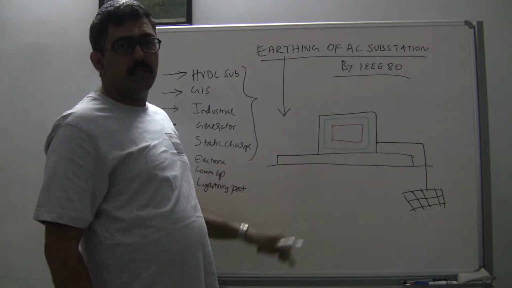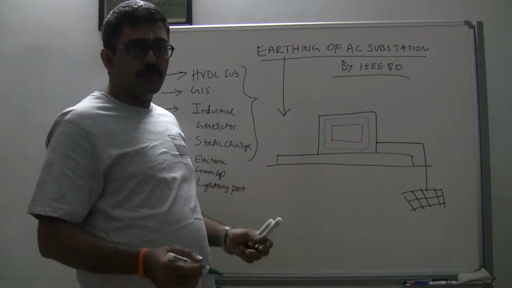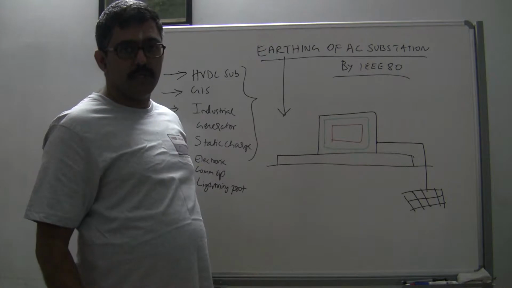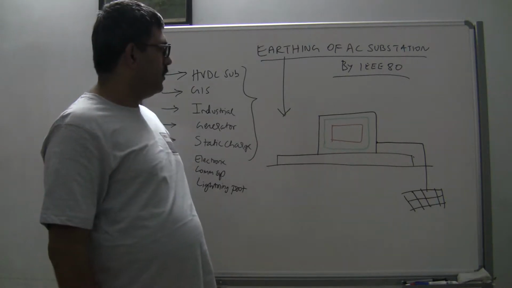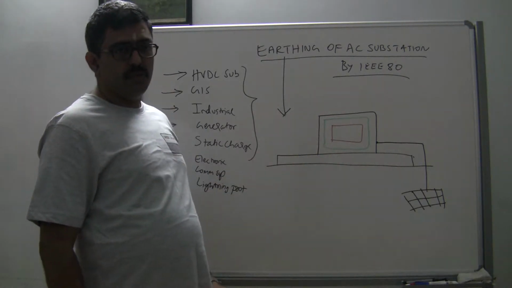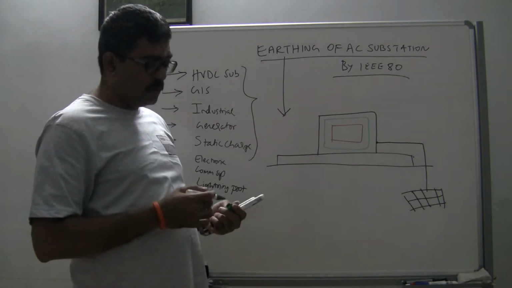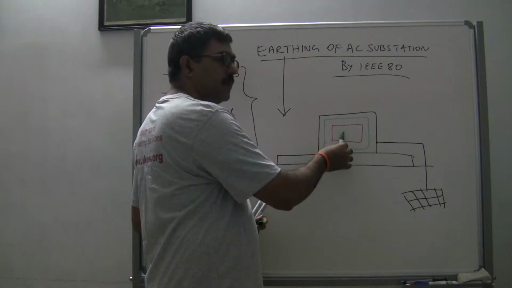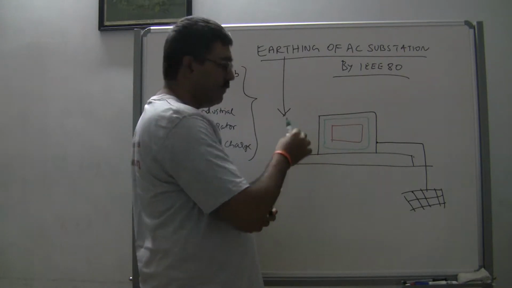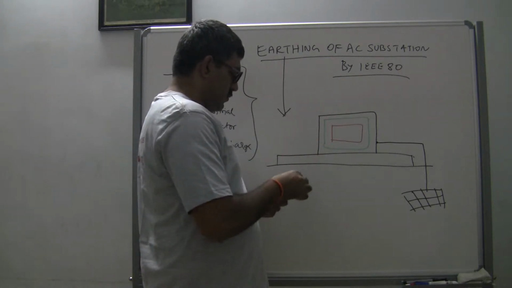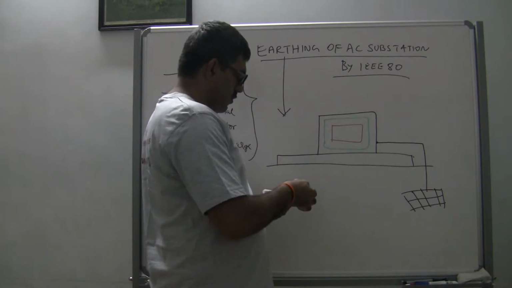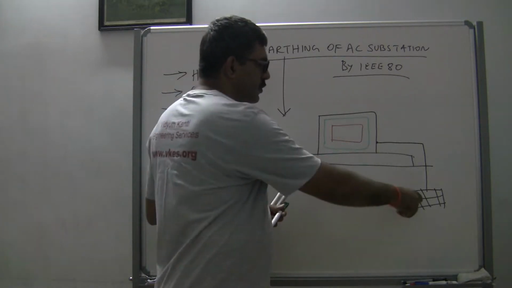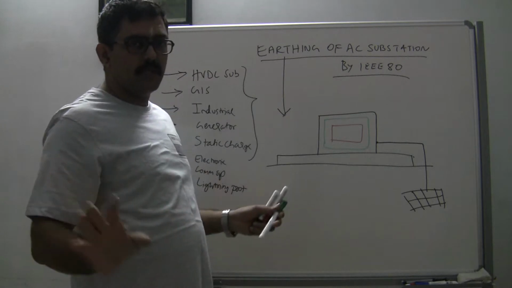The last metal is the outer enclosure, the body, which gives the protection and mechanical strength. Between these two, there is a non-metal, that is insulation, which prevents the flow of current from the conducting metal to the outer metal. So what we do is we connect this outer metal to the earth. That is earthing. That's all.